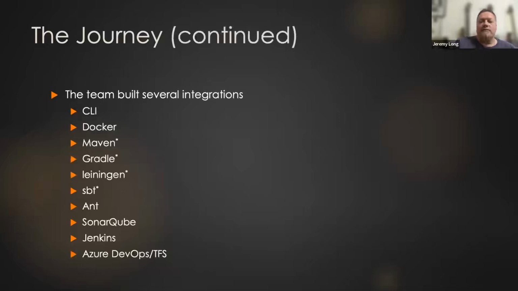So along the 10+ year journey, we have created several integrations. I just realized that I didn't put the GitHub action on here yet. That was probably the most recent addition to the dependency check ecosystem, was that we had somebody build out an action.